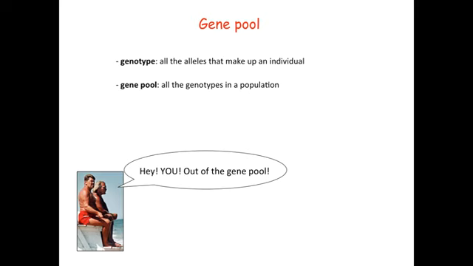So when we compare genotypes, we're comparing all of my alleles, for example, with all of your alleles. Even though we share the same genes, we have different versions of those genes. Now, if we think of all of the genotypes in a population, then we are talking about the gene pool. It's the collective set of alleles that we share in our population.